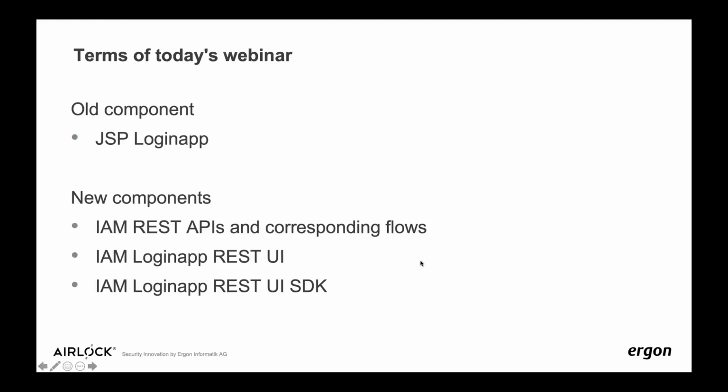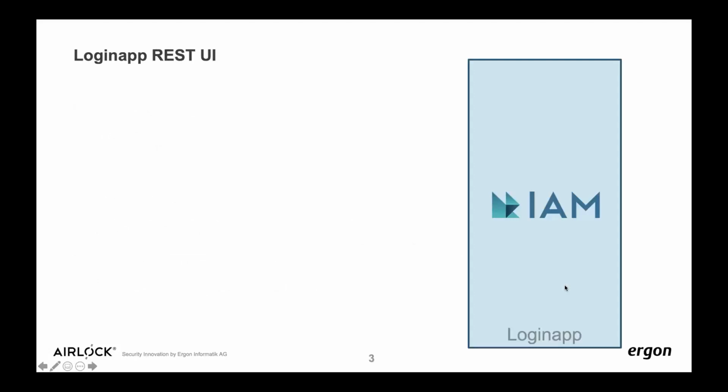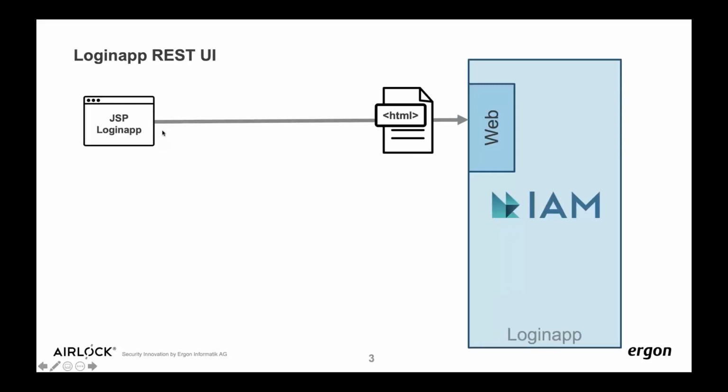Let's look at how these components work together. When we talk about the IAM Loginapp, we have a web interface within the IAM Loginapp, which allows the old UIs, the JSP Loginapp, to communicate over HTML.